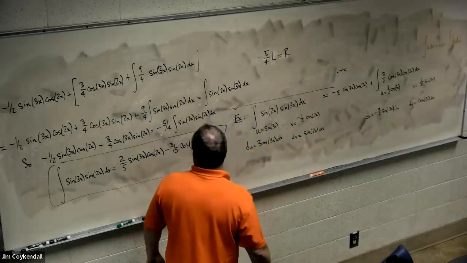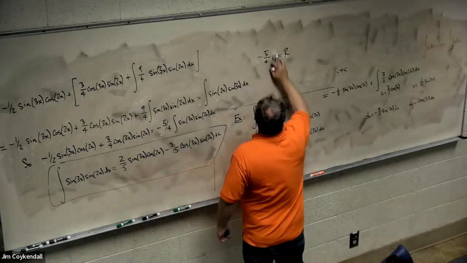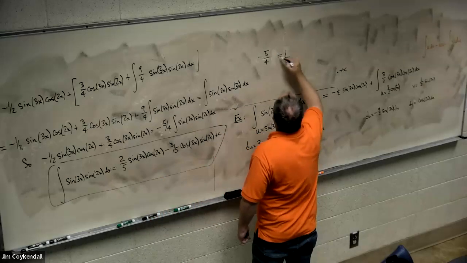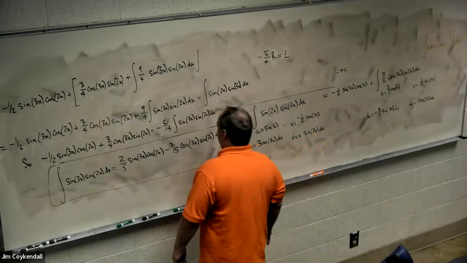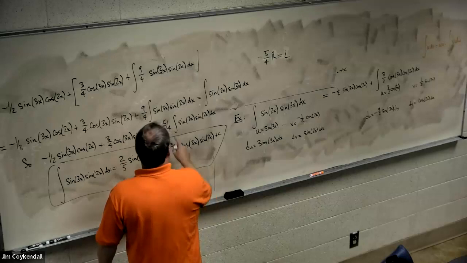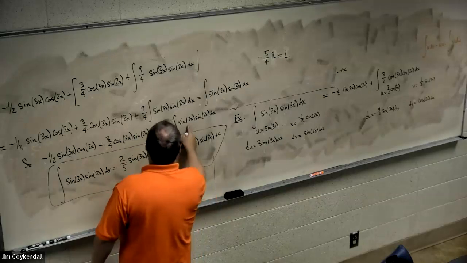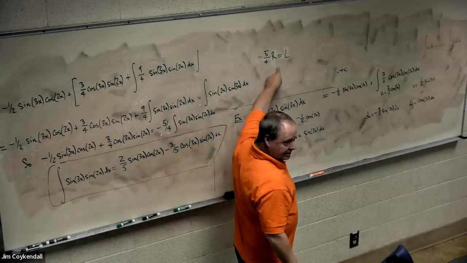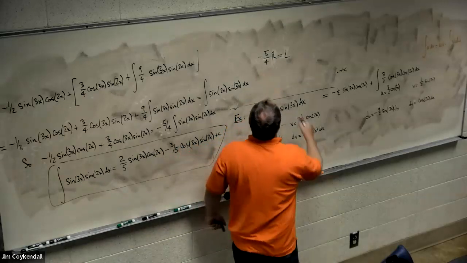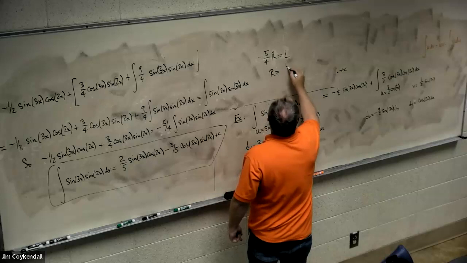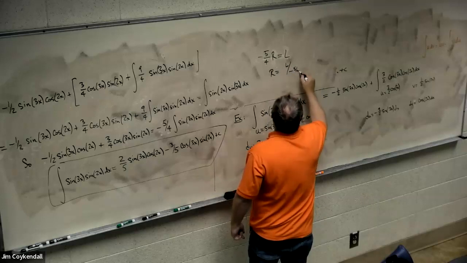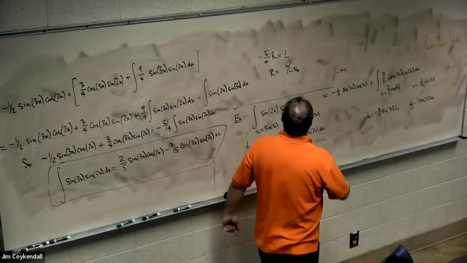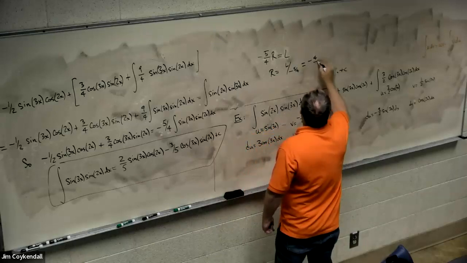This equation really says minus 5/4 times the right side is the left side. Right? So how do I solve this? L divided by minus 5/4, which is minus 4/5 L.